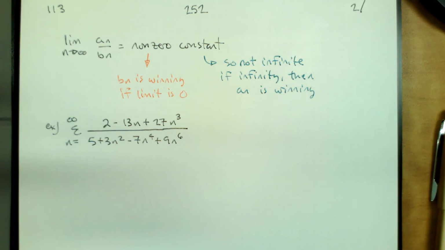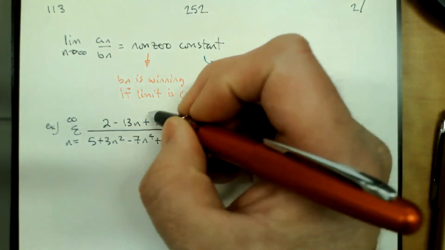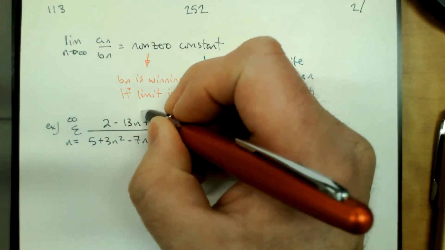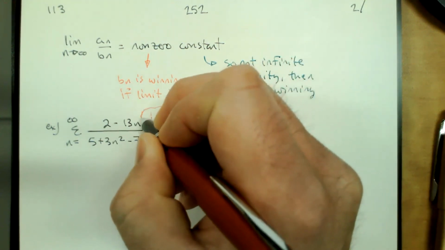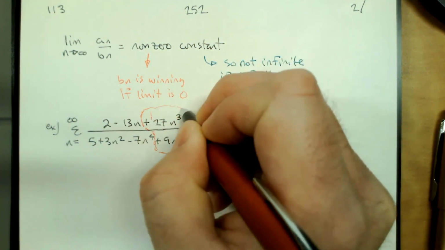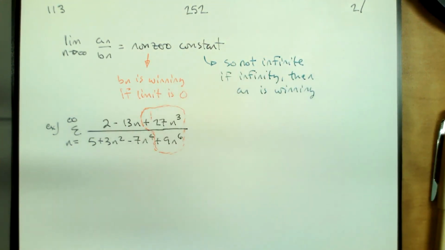And so the only two terms that we had to write down here are the 27 n to the third on the top and 9 n to the sixth on the bottom. That's the only stuff that matters. When n is very large, those are the only two terms that matter. If n is equal to 1 billion, that's nothing compared to the 27 times n to the third.